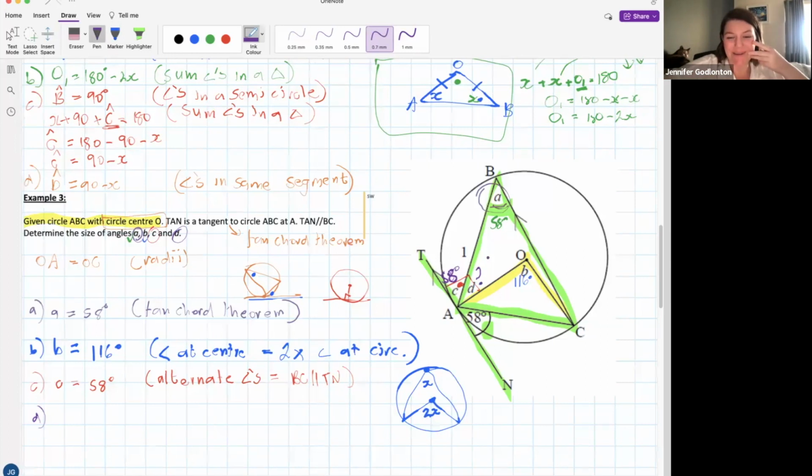Oh, I think you're forgetting about another angle. I think you're forgetting about this angle in here when you're doing angles on a straight line.